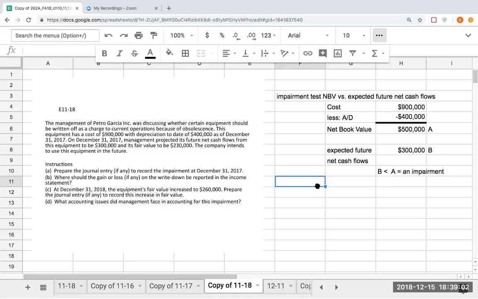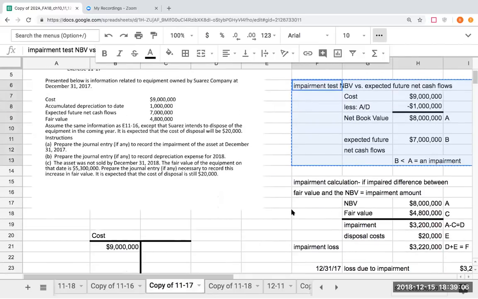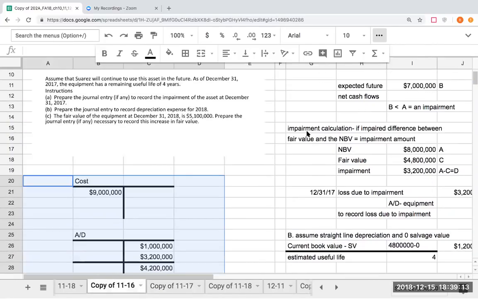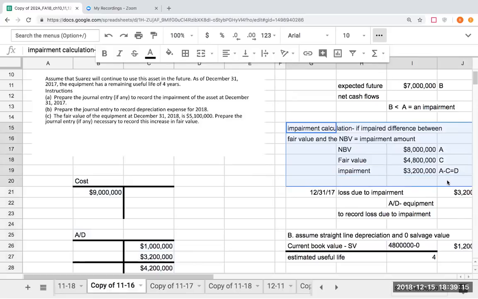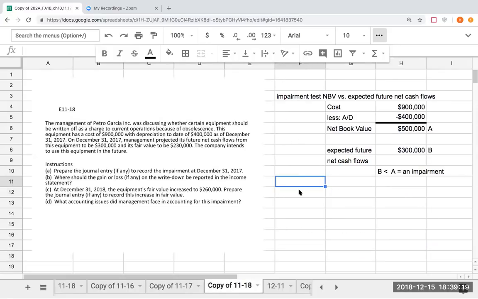The next thing I'm going to do is the impairment calculation, which I'm going to copy over from the previous one.